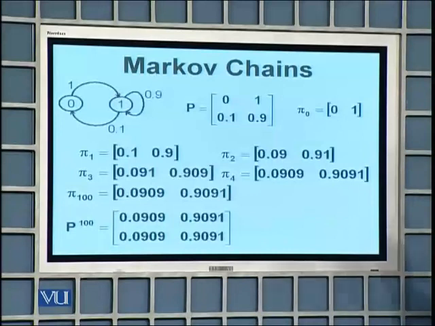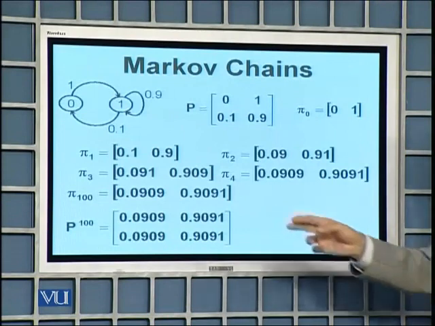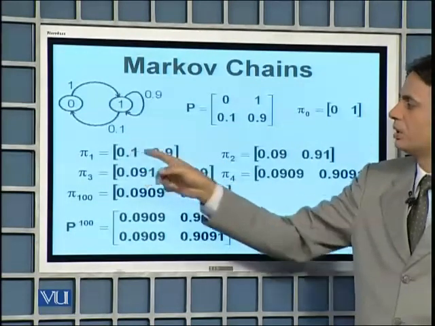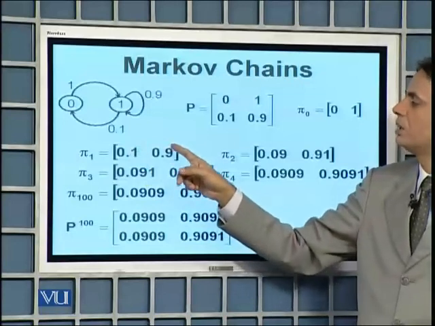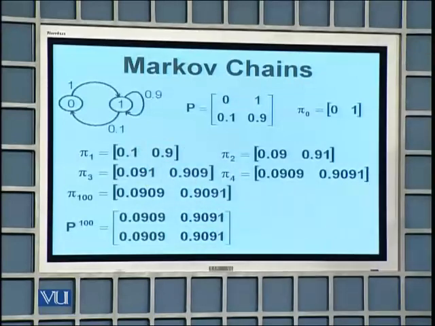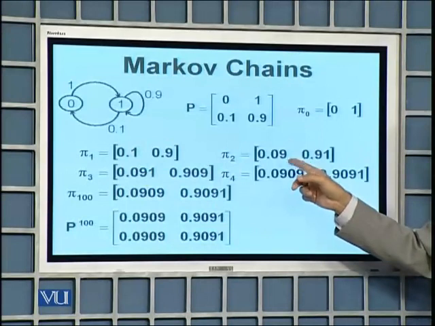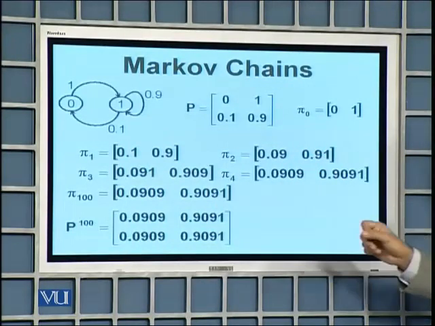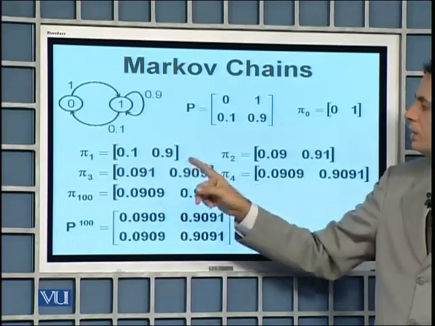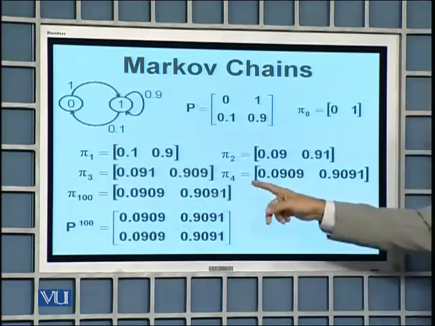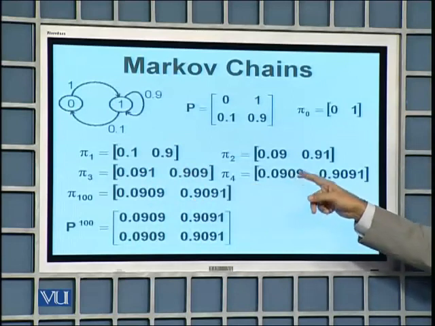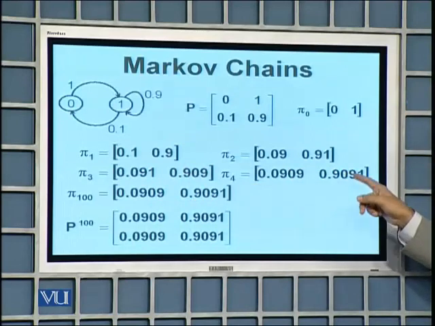So there is a 10% chance that on the first observed instance, the first day, the device will be broken, and there is a 90% chance that the device will be in working condition. Let's look at day 2. These are the probabilities 0.09 and 0.91. Day 3, 0.091, 0.909. Day 4, 0.0909, 0.9091.